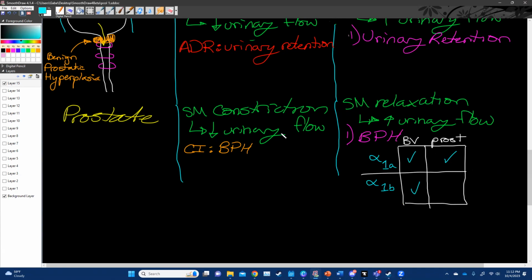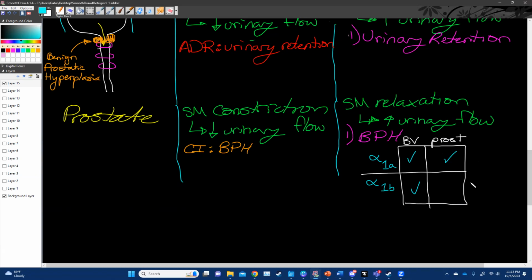So if you were to pick an alpha 1 antagonist in order to use it for BPH, you would want to pick an alpha 1A antagonist. An alpha 1A antagonist is going to make the prostate smaller.